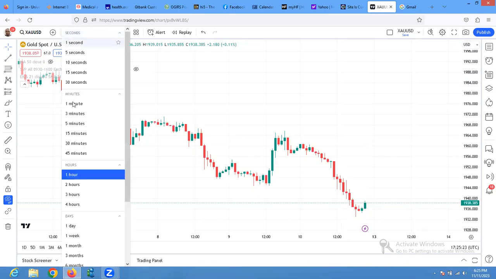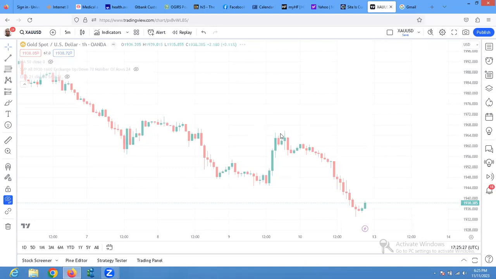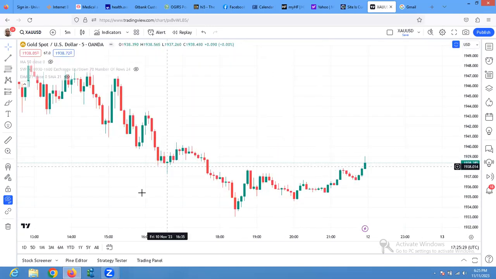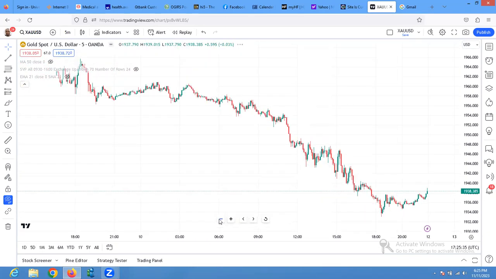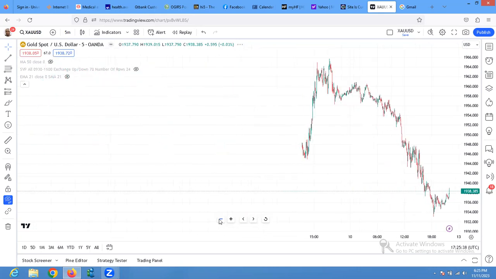On the 5 minutes time frame, we are looking at this last part of the correction now. So that's the 5 minutes time frame. Let it load.